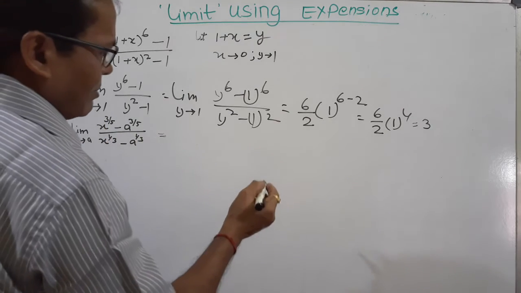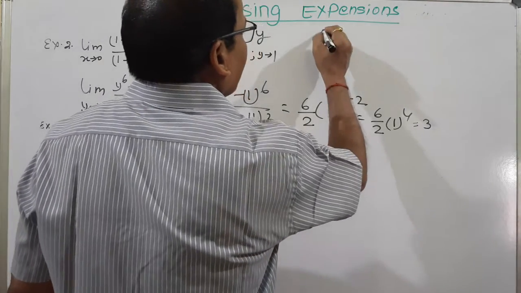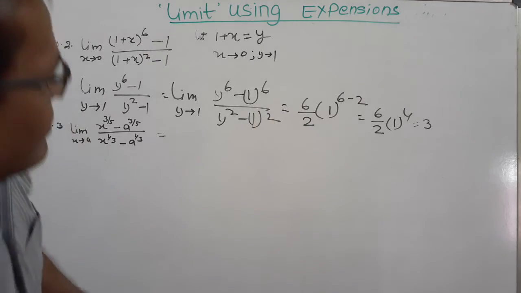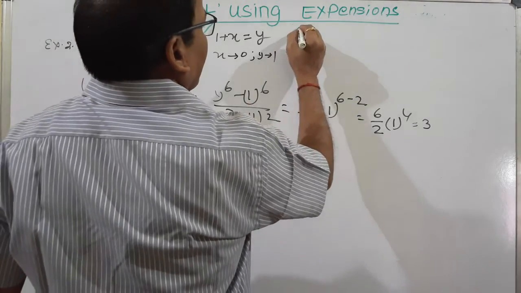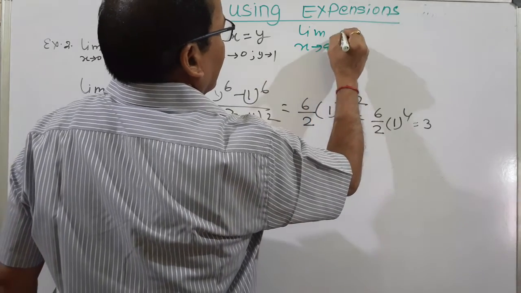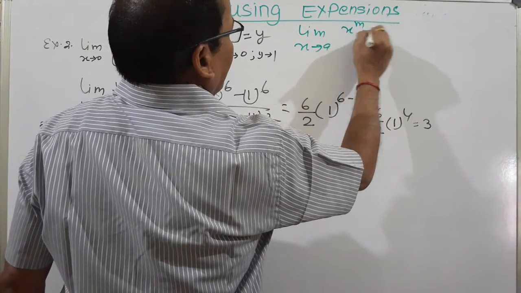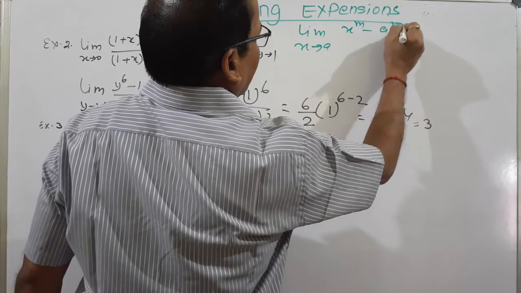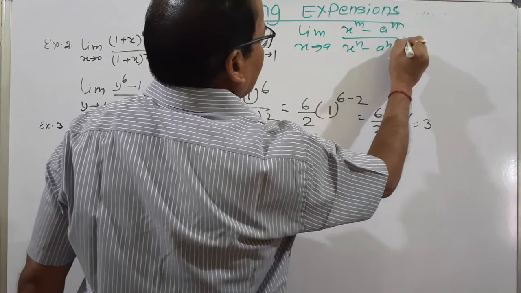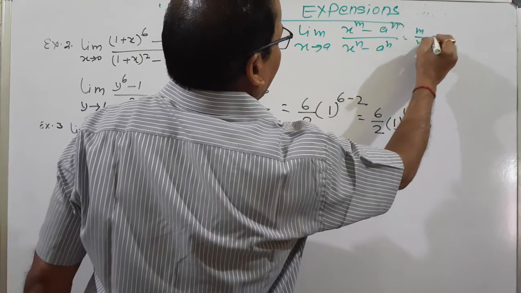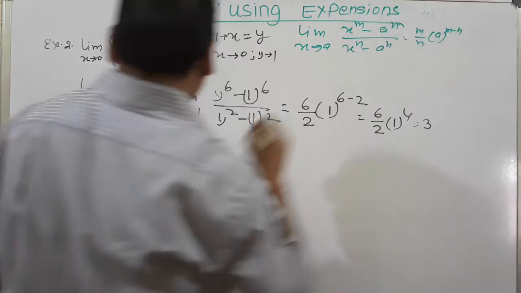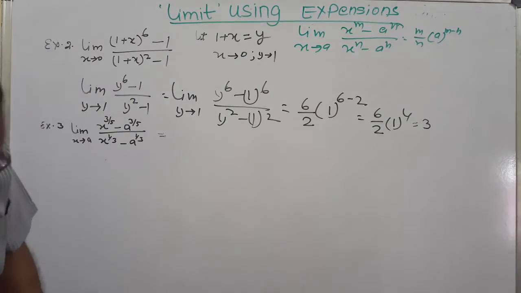You know the formula: limit x tends to a, x to the power m minus a to the power m divided by x to the power n minus a to the power n is equal to m by n and a to the power m minus n. The same formula we will use here.